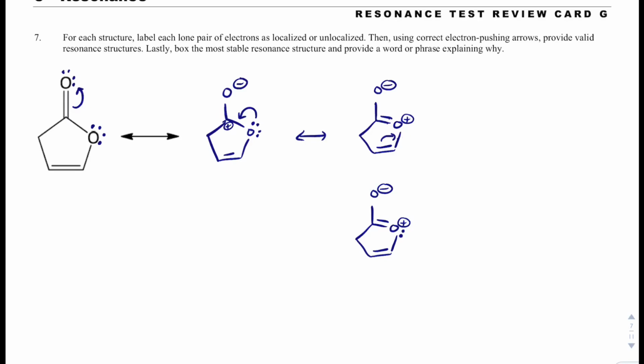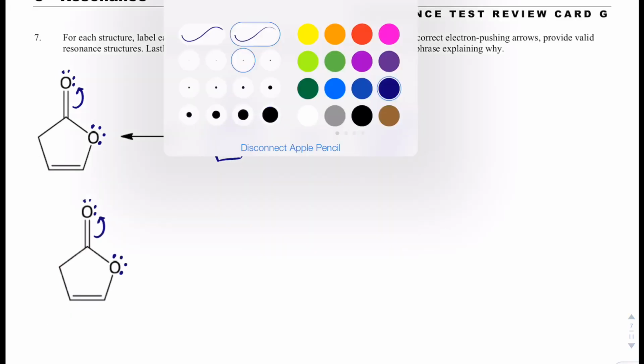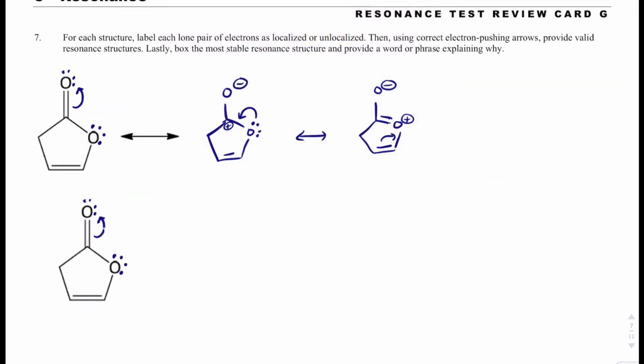You could make an argument, too, that we start with our initial picture here, and let me erase that. You could do this as well, have a new starting point.